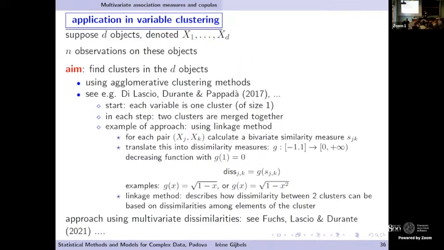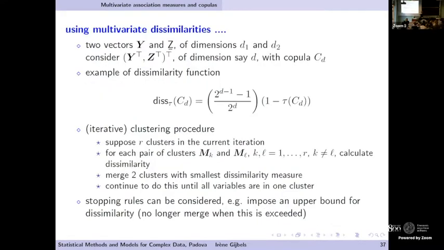Now, that actually goes further than comparing two real valued values, because you can also do this in a multivariate setting: if you already have pairs of clusters, you calculate their dissimilarity and merge those with the smallest dissimilarity, which are too similar, and put them together.